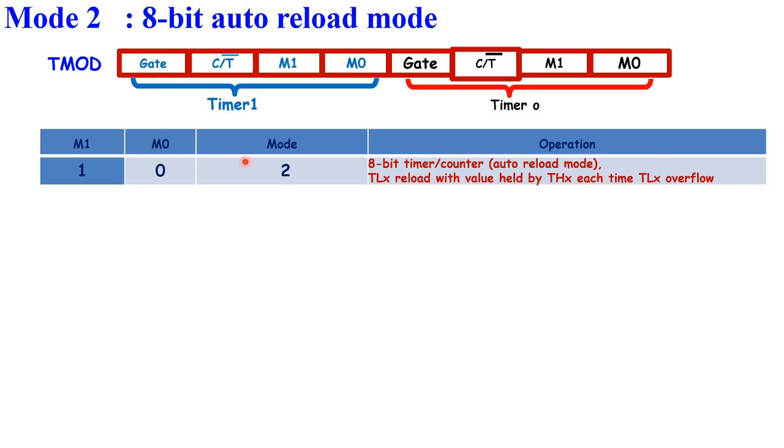This mode occurs when M1 and M0, these two bits, are 1 0, then mode 2 occurs, and in this mode the 8-bit timer or counter is in auto reload mode. TLX is reloaded with the value held by THX each time TLX overflows. So the overflow is in TL, the lower byte of timer 0 or timer 1.